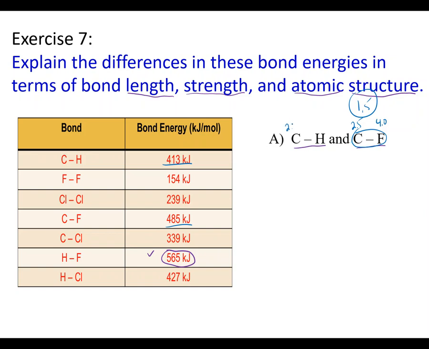C to H is about 0.4 here. So much larger electronegativity difference for C to F. Now C to H is still considered in the non-polar category of bonds. And of course C to F would be considered in the higher degree of polarity.